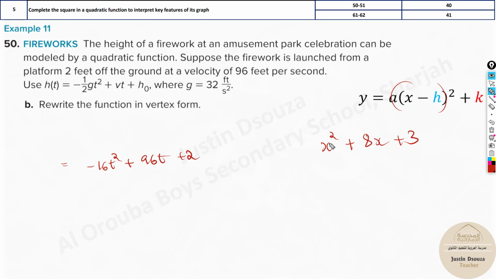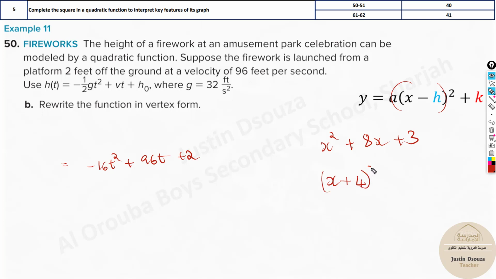The method is very simple. For this part, there must be no coefficient; it should not be anything other than 1. Here, just write x. What is the sign? It's plus, so just write plus. If it was minus, it would be minus. Now, don't write this x. You just write a number, this number divided by 2. 8 divided by 2 is 4.